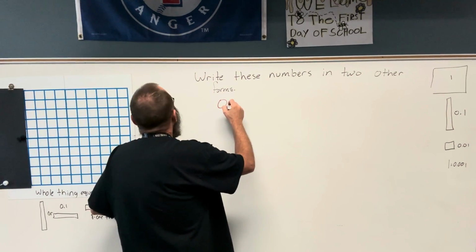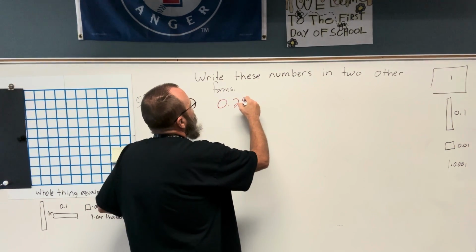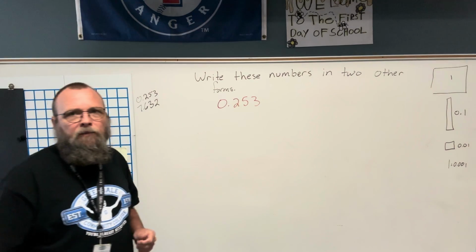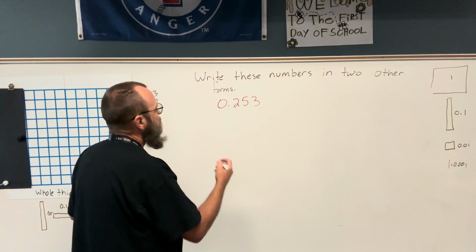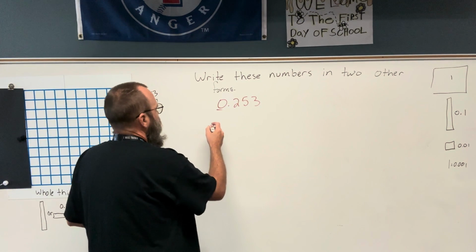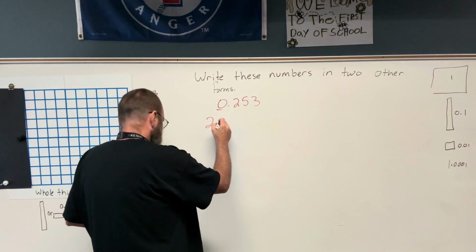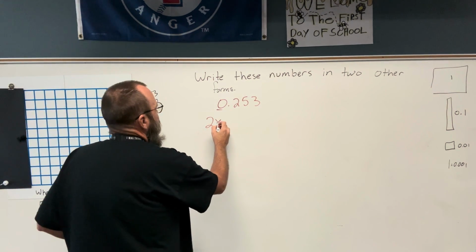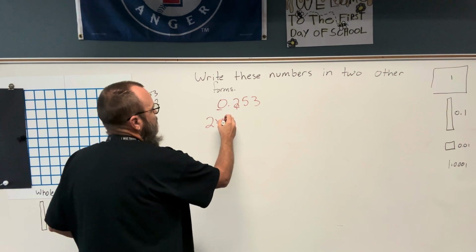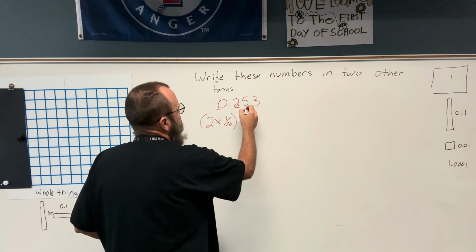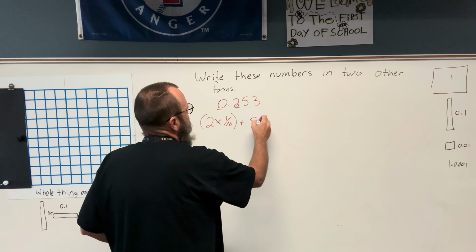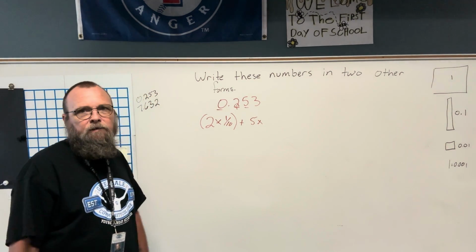This is what they give us. One of the forms is obviously going to be expanded notation. We don't have to do the 0, but we're going to do 2 times what place value is the 2 in? The tenths. Plus 5 times what place value is the 5 in?